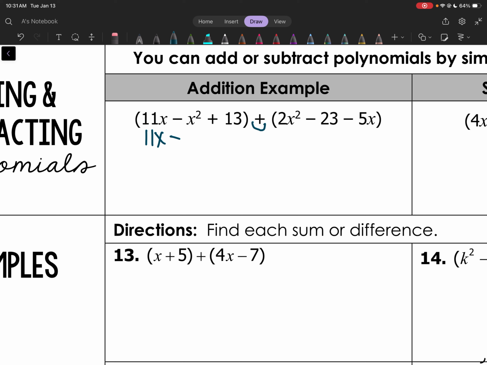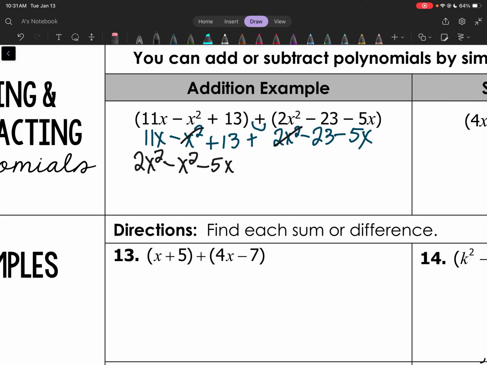So this is 11x minus x squared plus 13, 2x squared minus 23 minus 5x. The only thing I've done is drop the parentheses. Now I'm going to put this in standard form. So my x squares first, 2x squared minus x squared. I'm going to mark those out so I don't have to use them again.